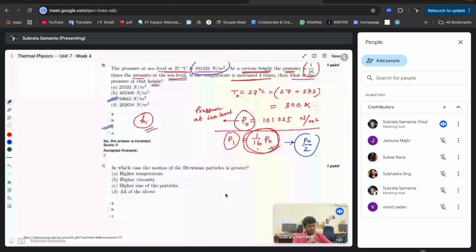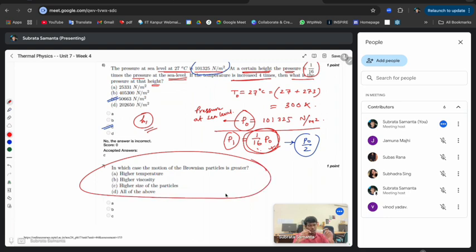So the next problem is problem number 7. In which case is the motion of the Brownian particle greater? So how do we increase the motion of a Brownian particle? First of all, Brownian motions are random, continuous motions.